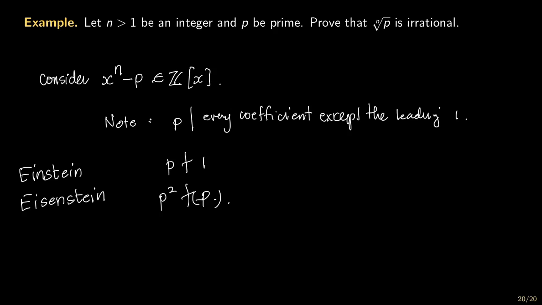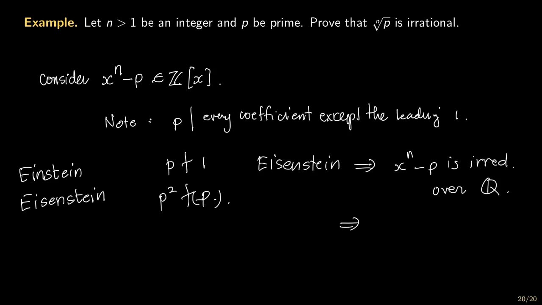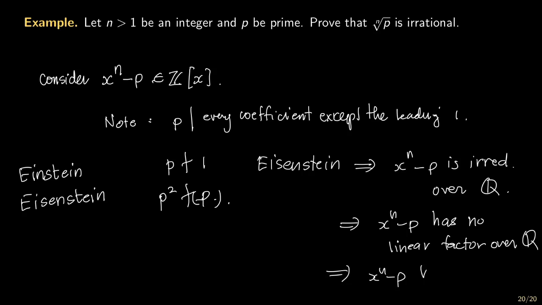So, what does Eisenstein tell us? Eisenstein tells us that x to the n minus p is irreducible over Q. And it follows that x to the n minus p has no linear factor over Q. Therefore, x to the n minus p has no rational root by the factor theorem.